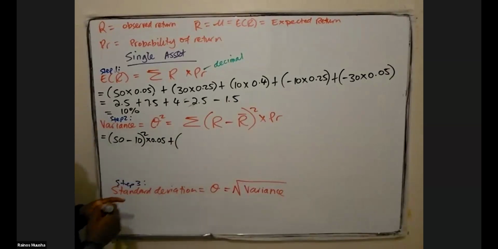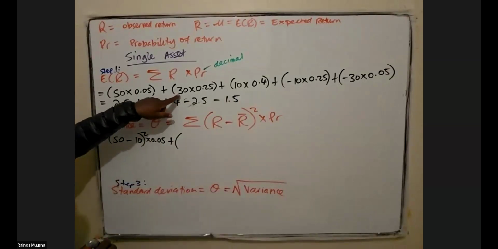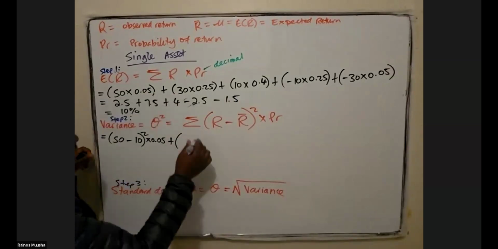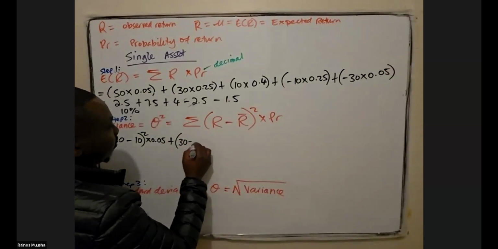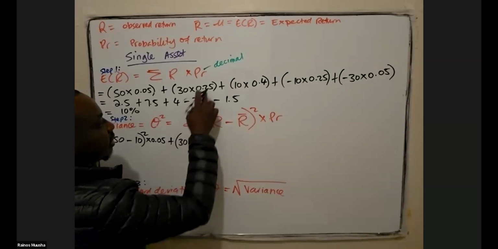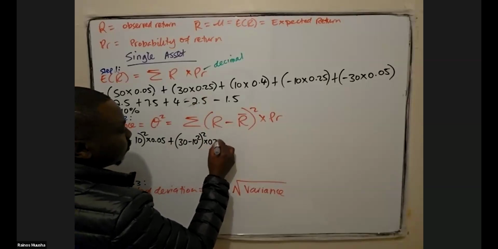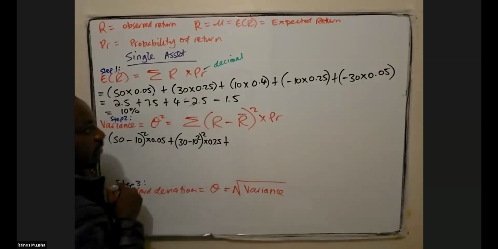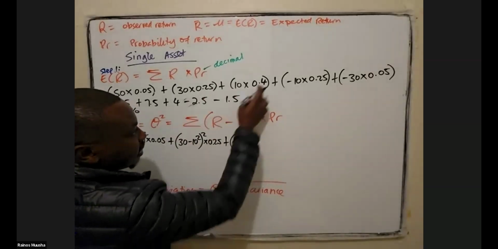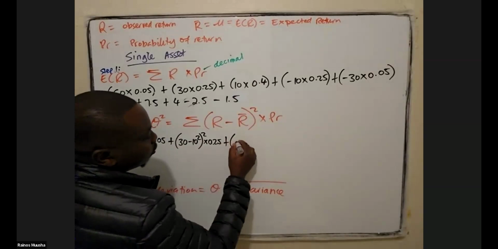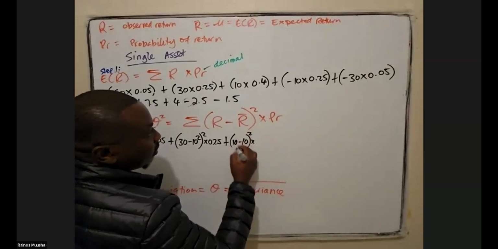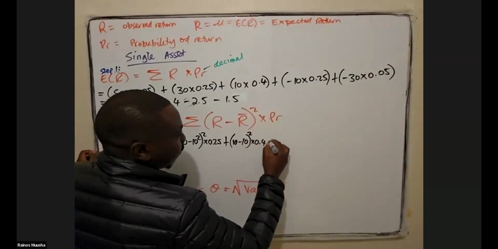Then you move on to the next scenario. The next scenario was where we had an observed return of what? 30%. So you're going to say the observed return of 30% minus expected return of 10, you square that, multiply by the probability, which was given as 0.25. Plus, because you're summing up. The next observed return was 10% with a probability of 0.4. So it's 10 minus 10 squared multiplied by 0.4, plus.